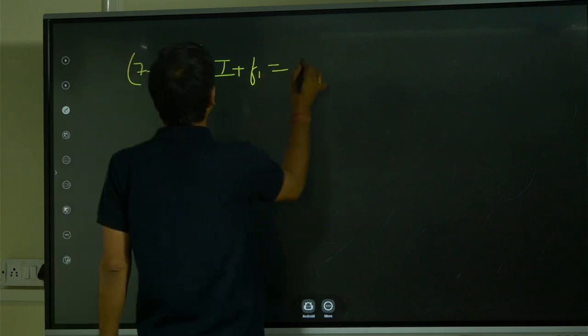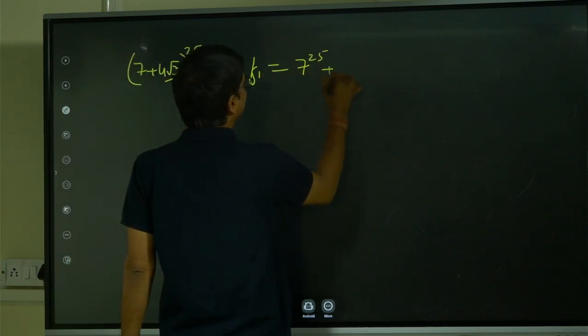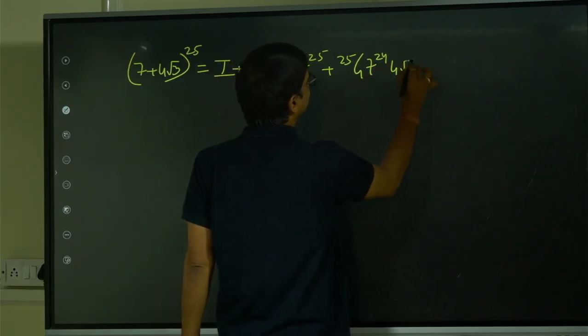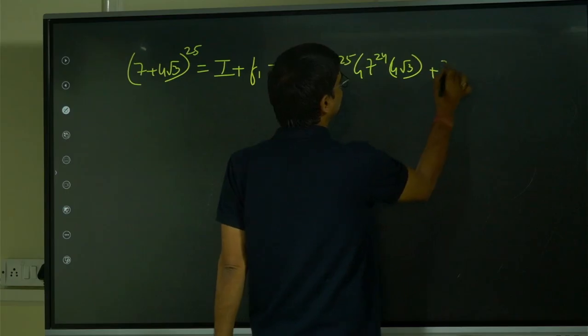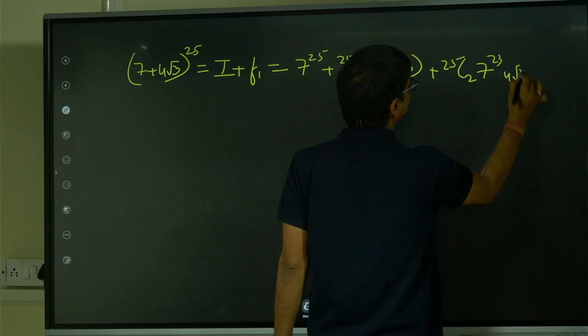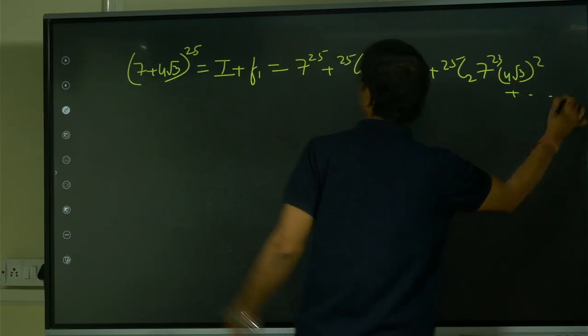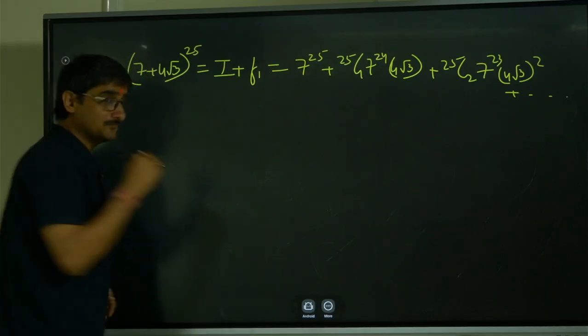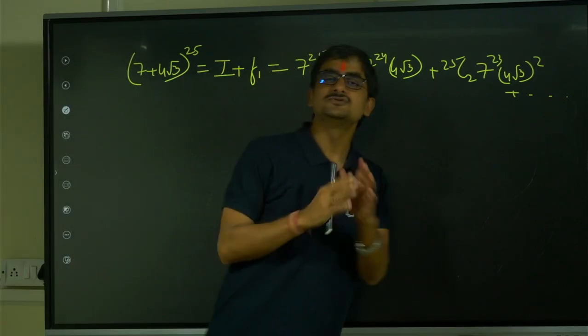And then if we expand it, 7 raised to power 25 plus 25 c1, 7 raised to power 24 into 4 root 3, plus 25 c2, 7 raised to power 23, 4 root 3 square, and so on and so on. Now what we do is consider its conjugate in a way that it should be positive.